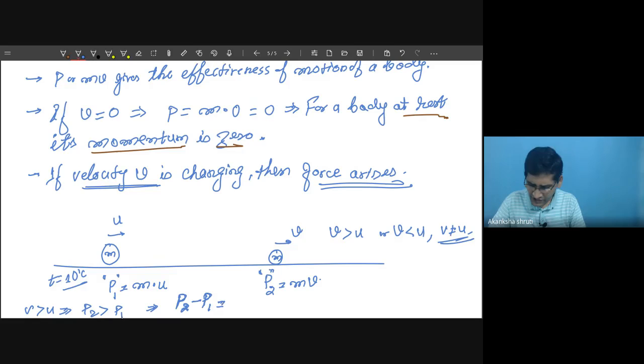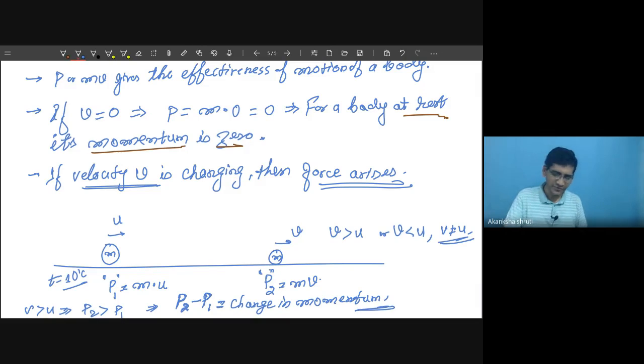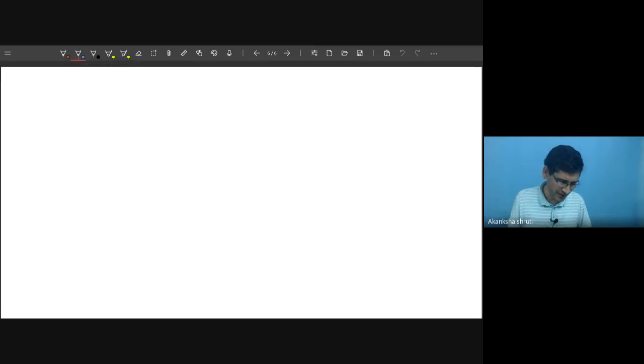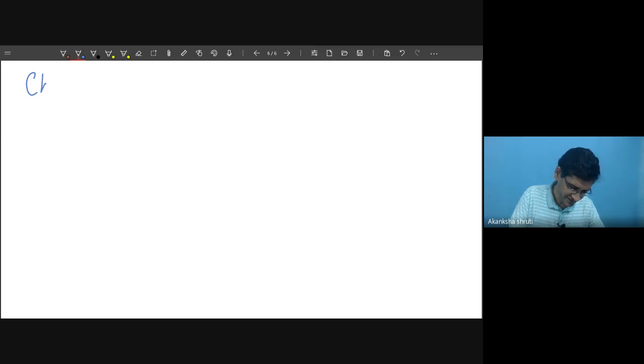This gives what? The change. So this is the change in which quantity? P is denoting momentum, so it is the change in momentum. Okay, students. So we have to understand the new topic called change in momentum. So write this: change in momentum.